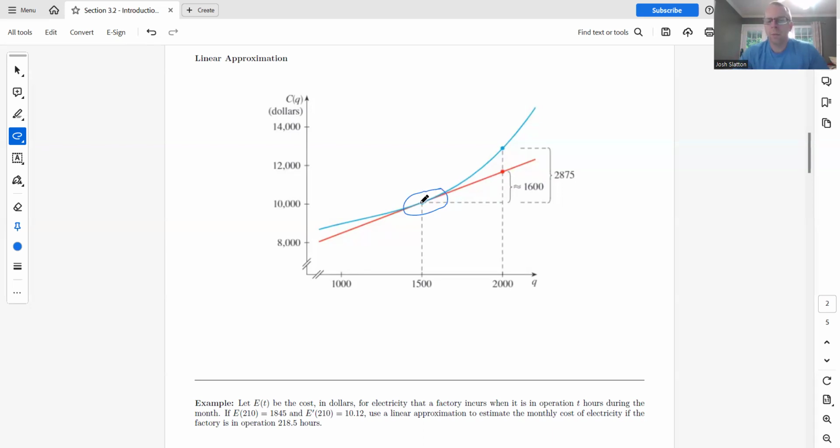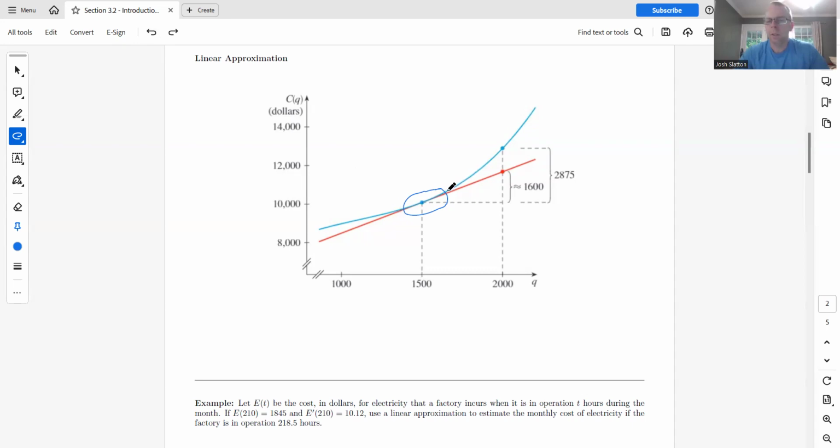So around this particular point at 1500, essentially this is a straight line. It is not exactly a straight line, but it is close to a straight line. And so if you know the value at that point, you can approximate the value at that point by assuming that this function is linear.